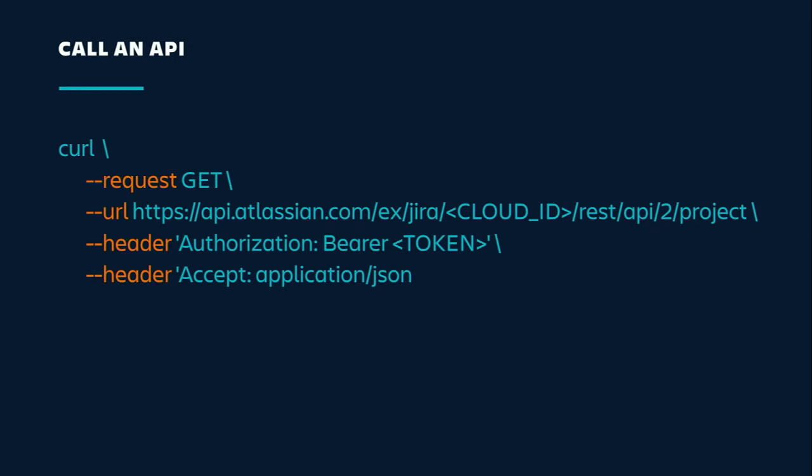And then comes the rest of the normal Jira site URL. In this example, it's just rest/api/project, and it will give you all of the projects. You just add the access token you just got in an authorization header, like in the accessible resources call, and that's it.